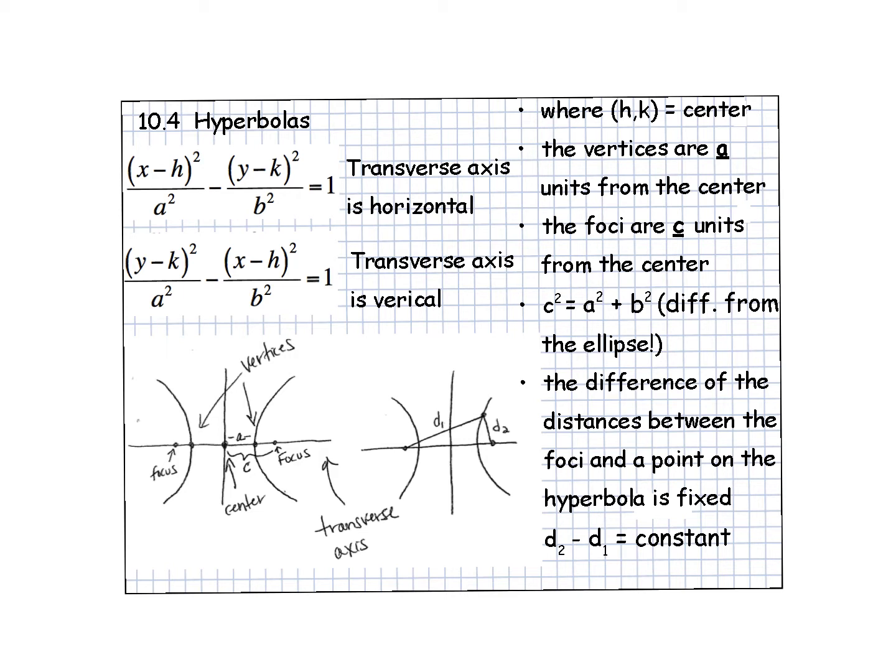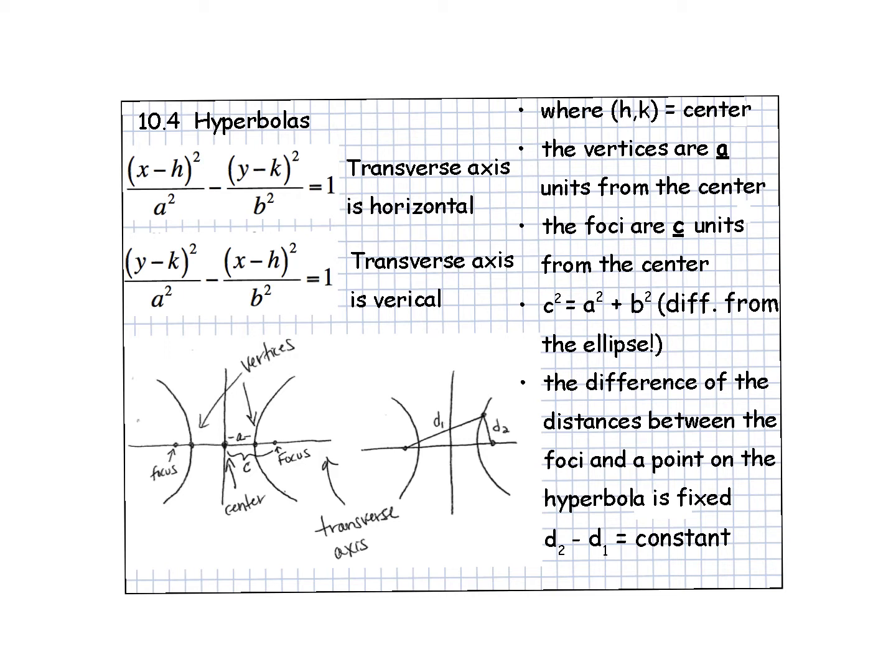Graphically, hyperbolas to me look like two parabolas where the vertices are on the insides, so they can either be horizontal or vertical. And you have what's called a transverse axis here. If your x squared term comes first, your transverse axis is horizontal.